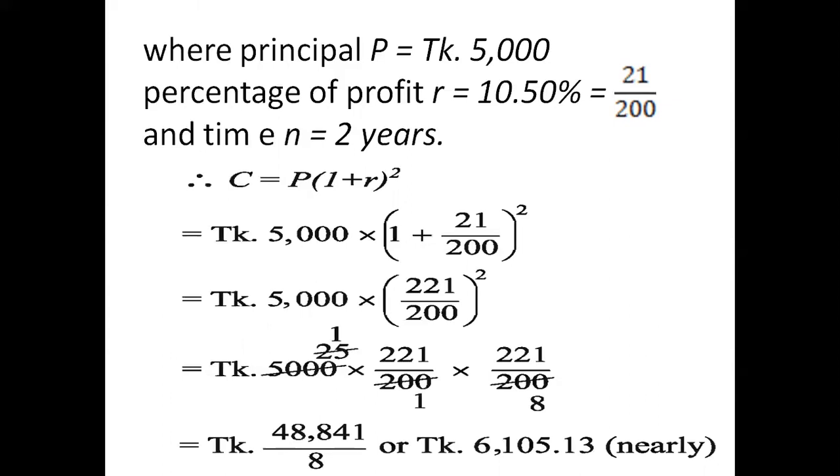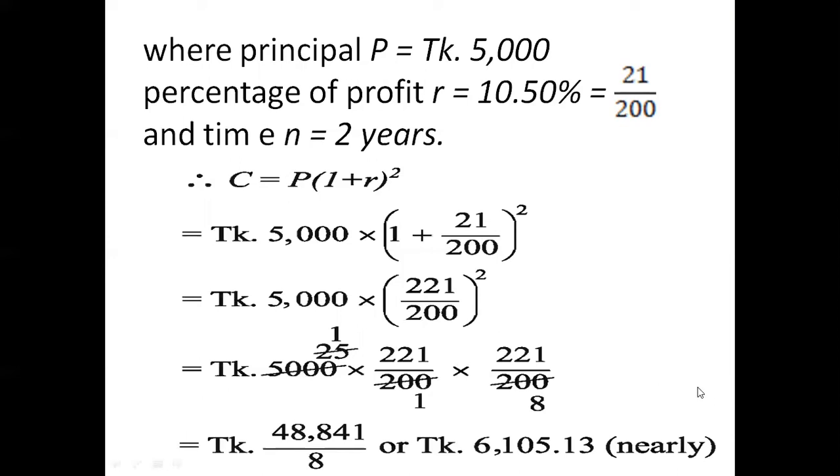So C equal to P into 1 plus R square. Then putting the value of P and value of R, and then after calculating, we get the amount 6,105.13 nearly. Okay, this is the compound principal.